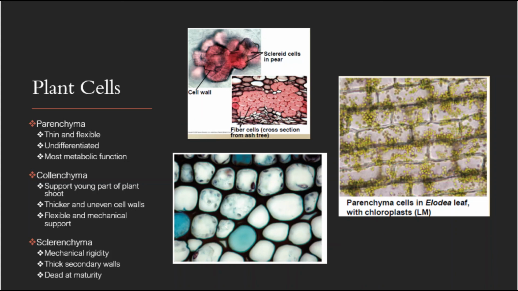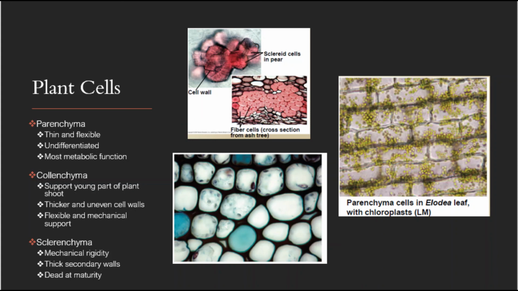And the last is sclerenchyma cells. These are very specialized for mechanical rigidity, so they have really thick secondary walls. And unlike the parenchyma, which we talked about were flexible, these are very resistant to bending and cannot grow. And this is due to it being dead at maturity.